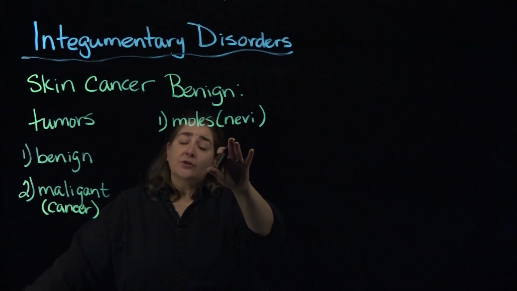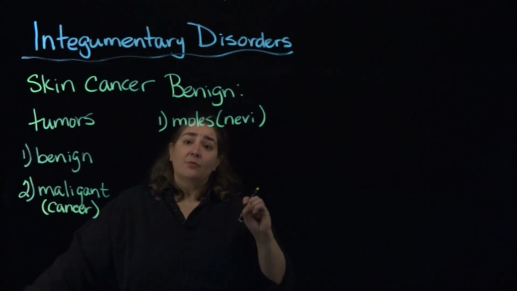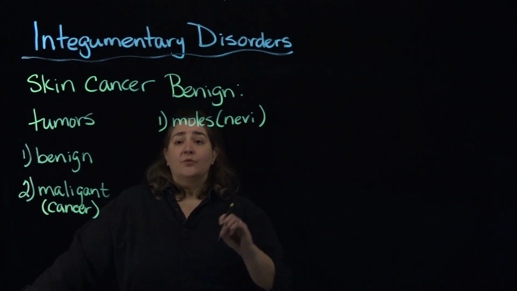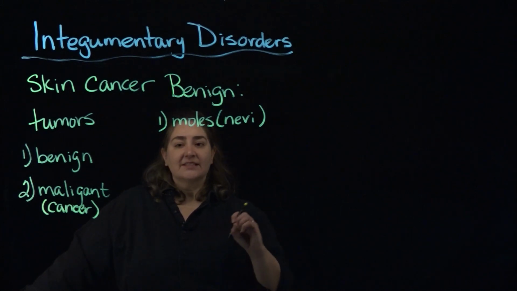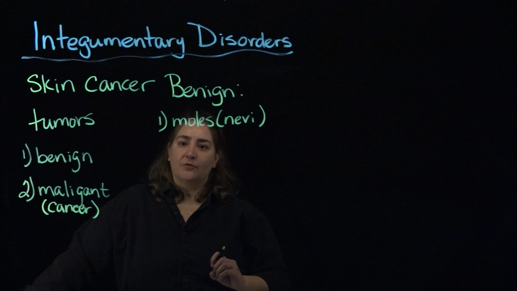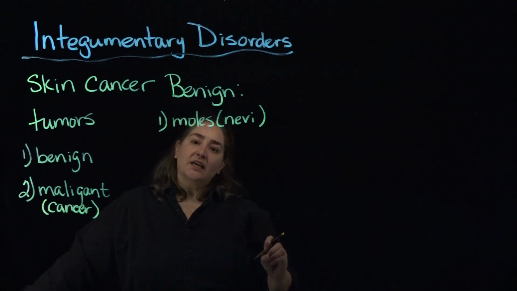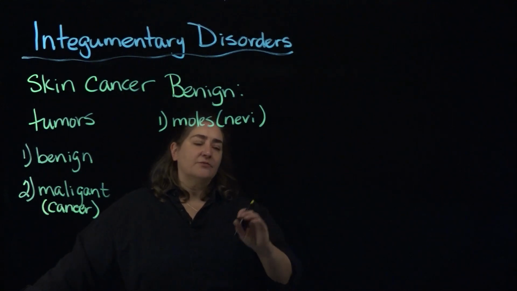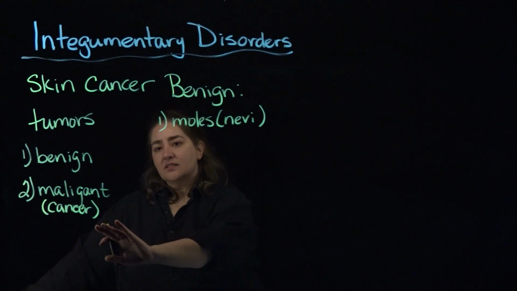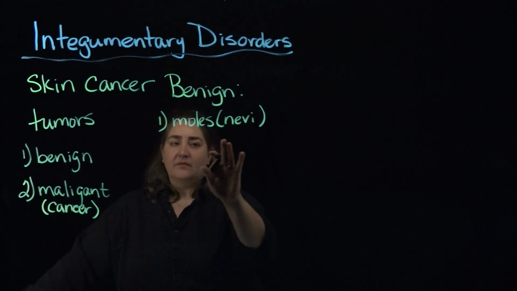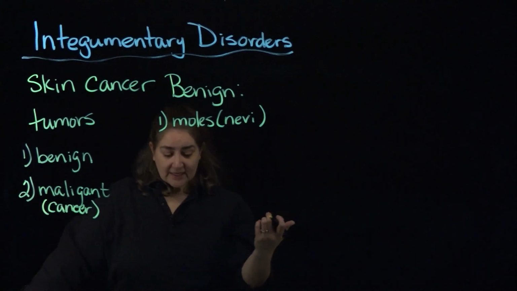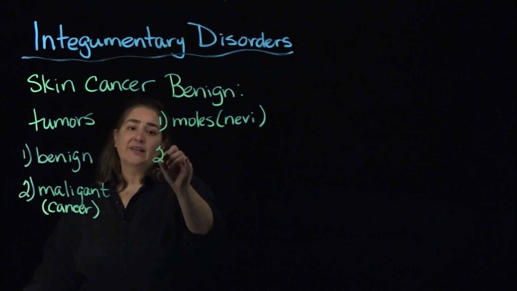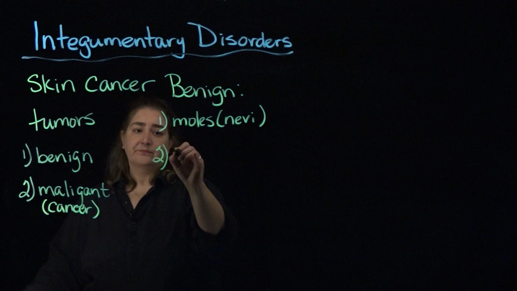Because what they're looking for with the moles is when the moles change shape, when they have irregular borders, or if they change color, or if they get significantly bigger than what they were before, that can be an indication that the mole has progressed from something benign to something malignant. But the moles that you've got associated with the skin are going to be an example of a benign type of lesion.